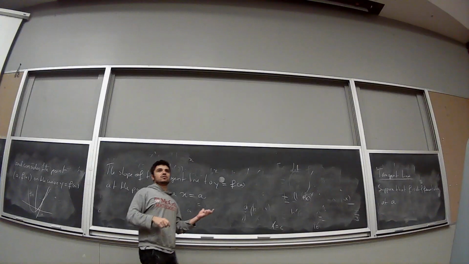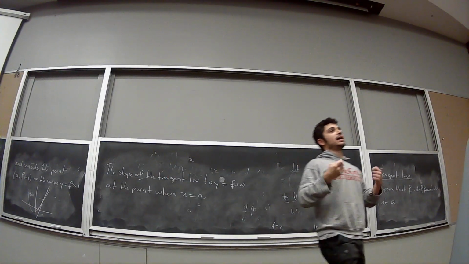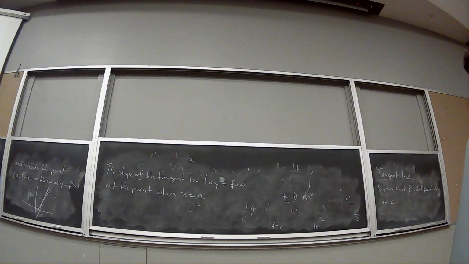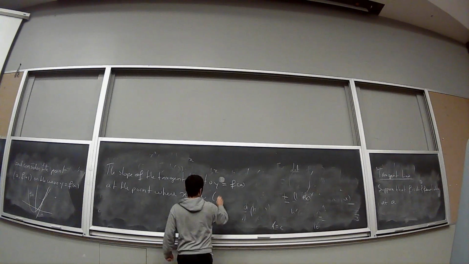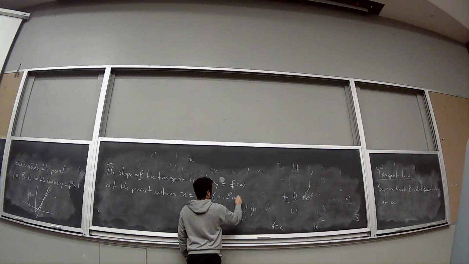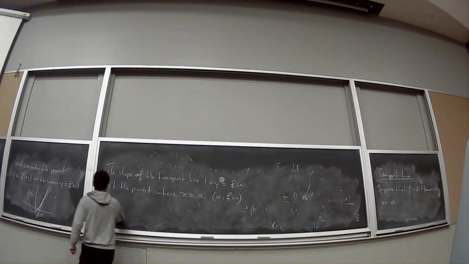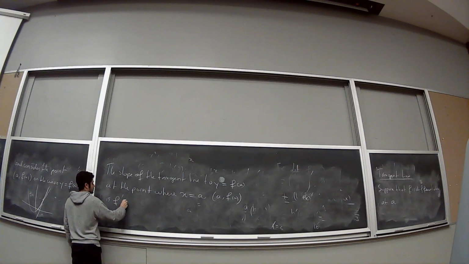What is the y value of that point? If x is equal to a, the y value on the curve is f of a. So at the point a, f of a, the slope is f prime of a. Do you agree or not?